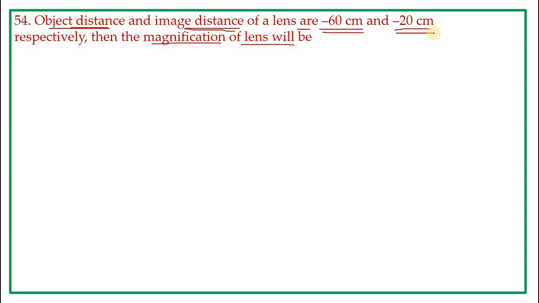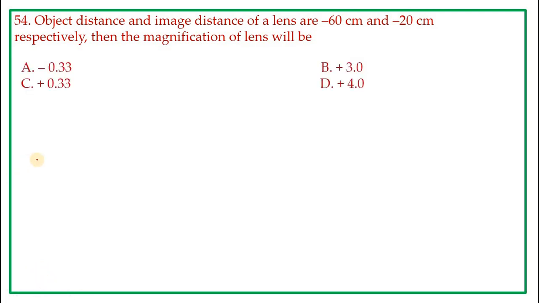Both are negative. U represents object distance, V represents image distance. Before that, let's see the options: minus 0.33, plus 3.0, plus 0.33, plus 4.0.